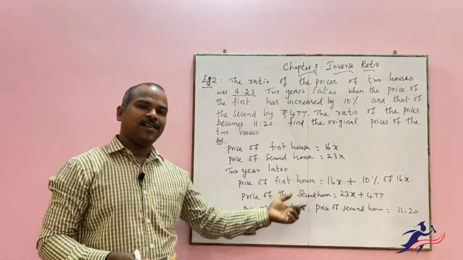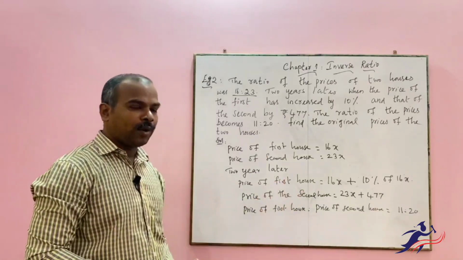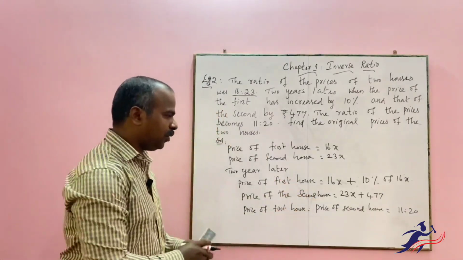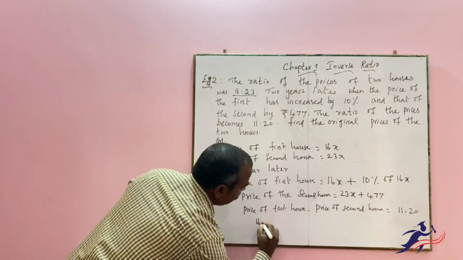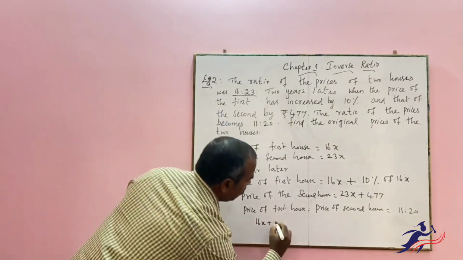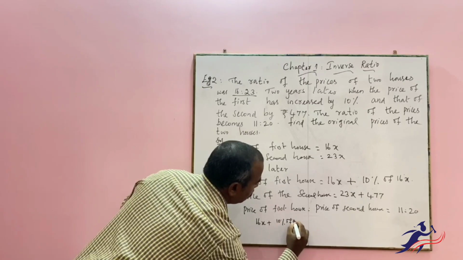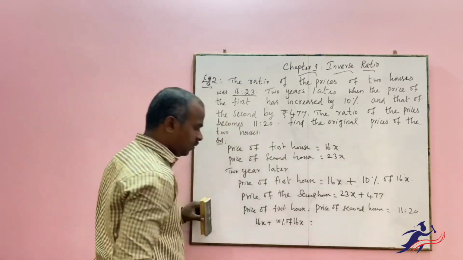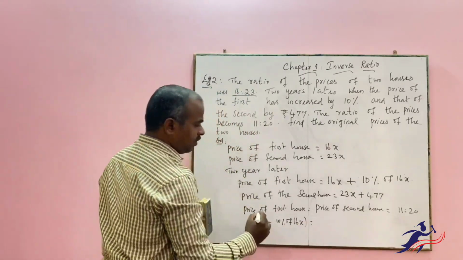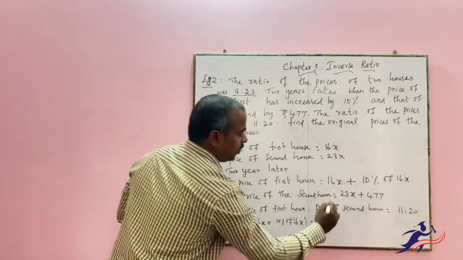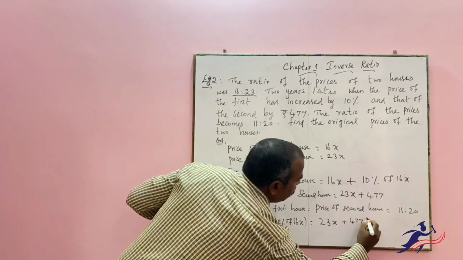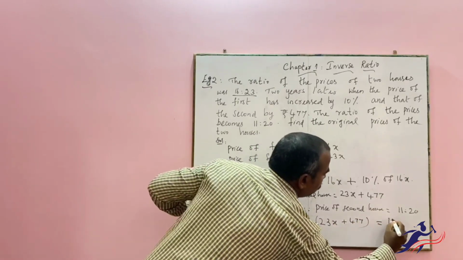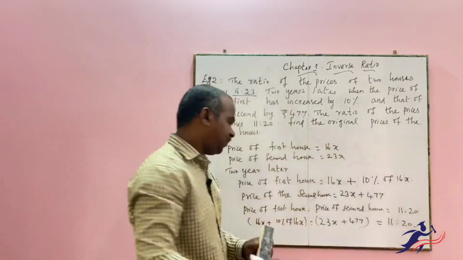So from this you know how to write the ratio, that is price of first house, 16x plus 10% of 16x, is to price of second house, that is 23x plus 477, is equal to 11:20.